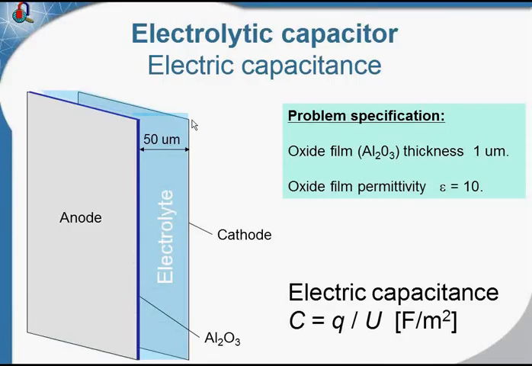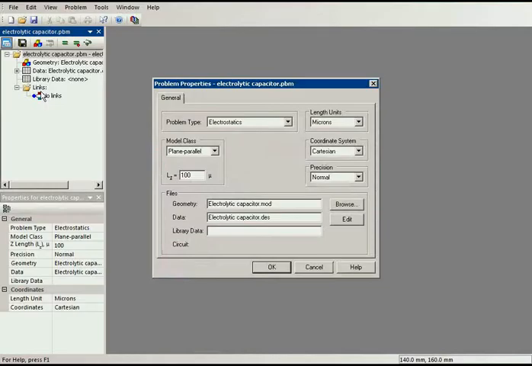This means that I will simulate the cross-section, and the cross-section remains the same along the z-axis. I have only the small piece of my capacitor. The z-length of this piece is only 100 micrometers. And naturally I choose the micrometers as the length units.